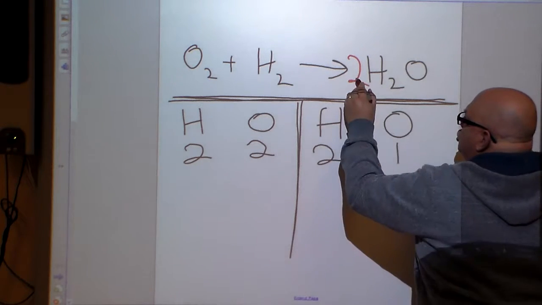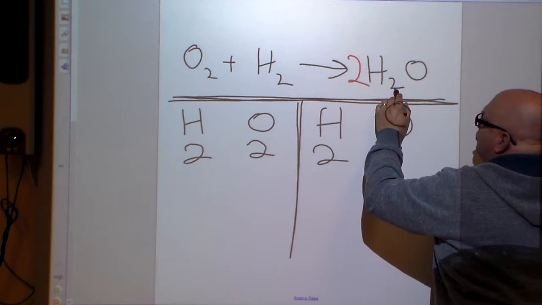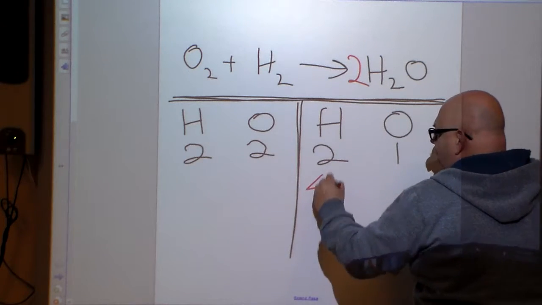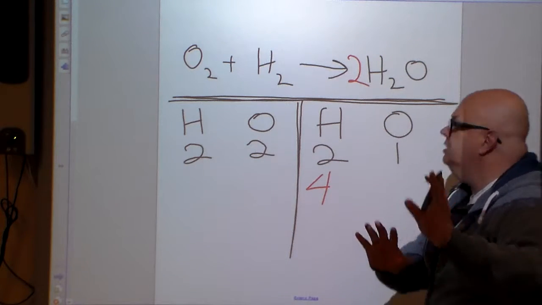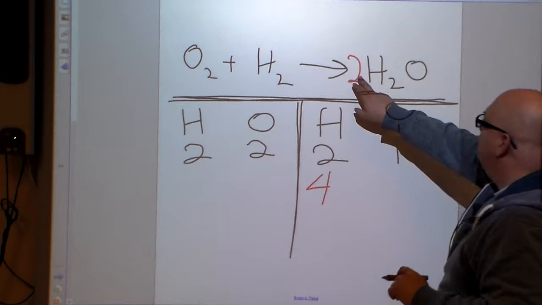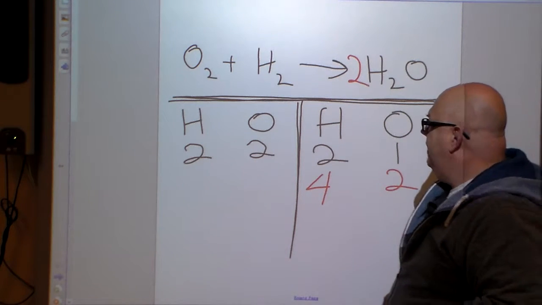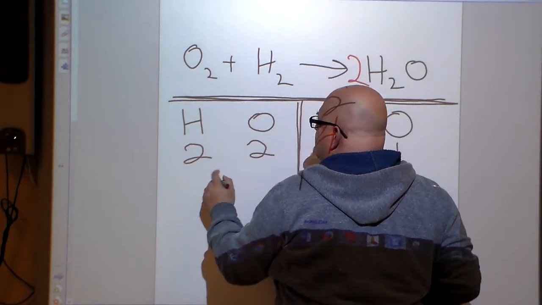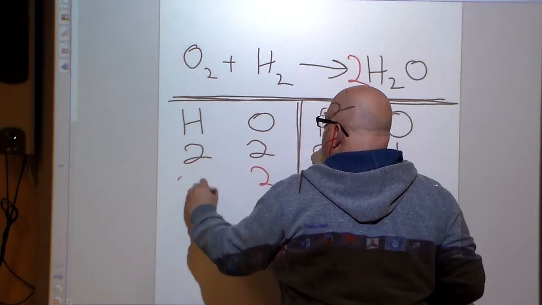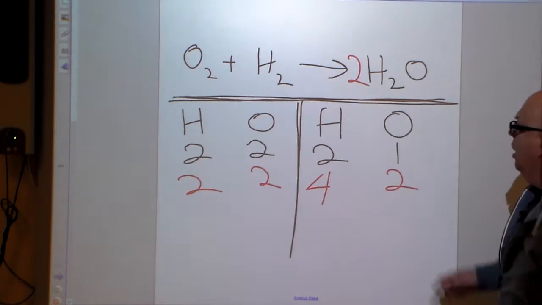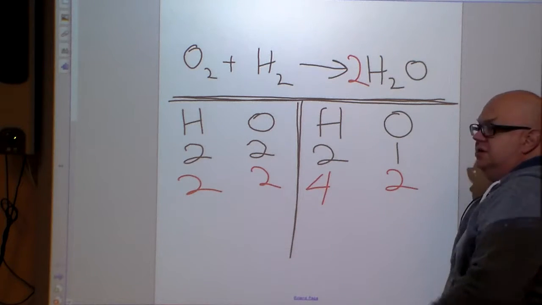So I have here 2 times 2 for hydrogen, so I got 4 hydrogens. Don't panic. Let's just work this through. 2 times 1 oxygen is 2. Okay? And we didn't do anything on this side here. We got 2 oxygens, 2 hydrogens. So we're balanced for the oxygens.